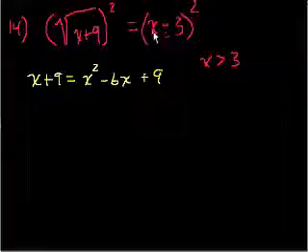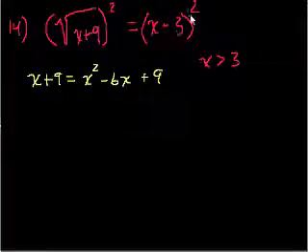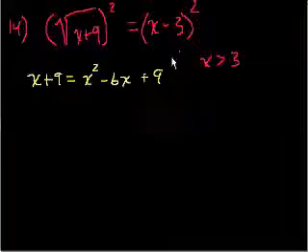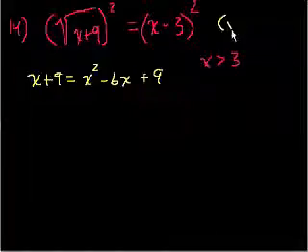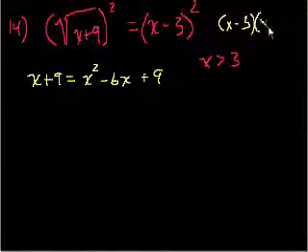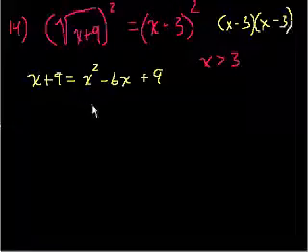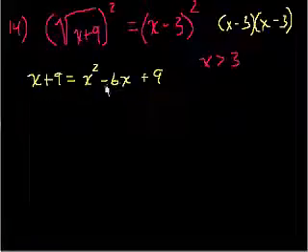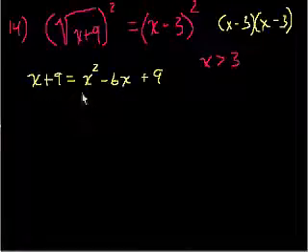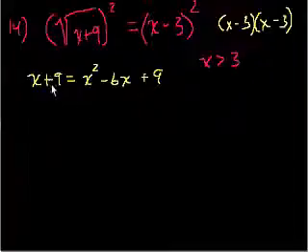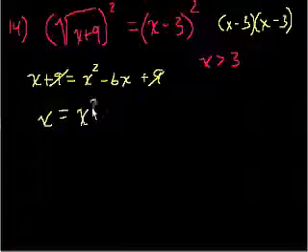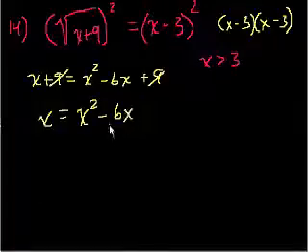You have x times minus 3 is minus 3x, and when you multiply it again, you get minus 3x again. And if you don't remember how to do this, you might want to just multiply out x minus 3 times x minus 3. But going back to this, this is the relation, and they want us to write it in terms of x. So let's subtract 9 from both sides, and we get x is equal to x squared minus 6x. And that is choice C.